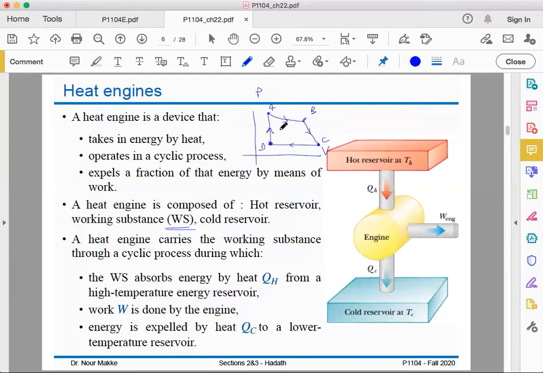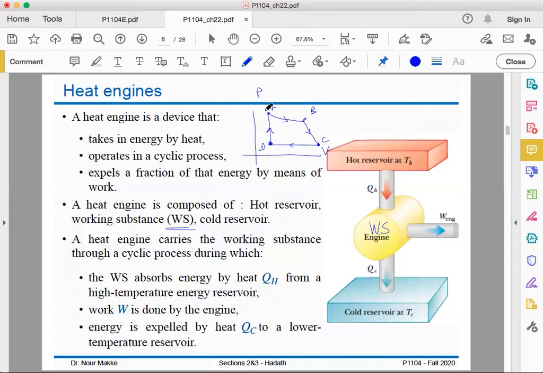And this working substance, when going through the cyclic process, passes through different steps, which are three basically. So first step, the working substance actually absorbs energy by heat from a high temperature reservoir, which we call the hot reservoir.